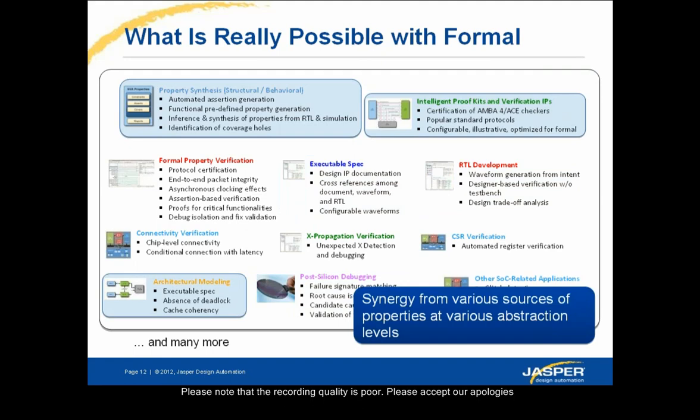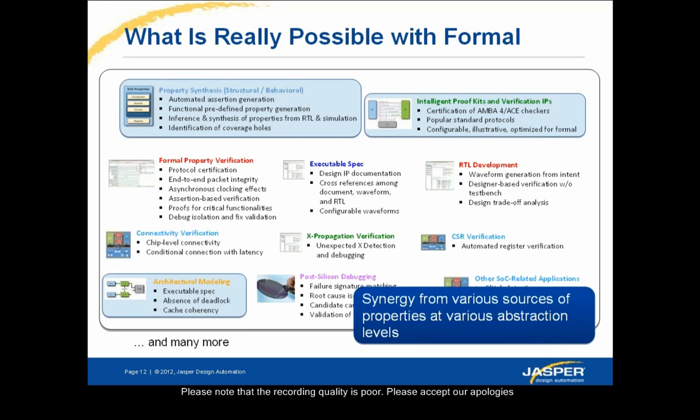And other areas that are adjacent to formal: property synthesis. So looking at a design and synthesizing properties based on either the design structure or the design's behavior, which you can use either in simulation or in formal. So if we're improving assertion density, for example, then assertion verification flow, the Jasper verification plays a role there.